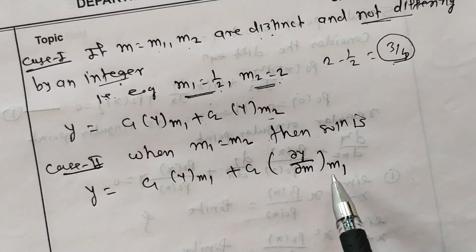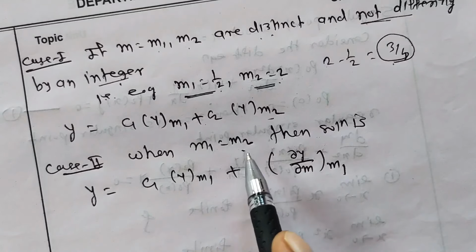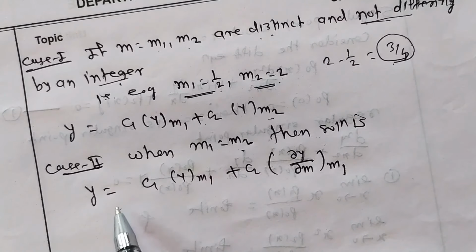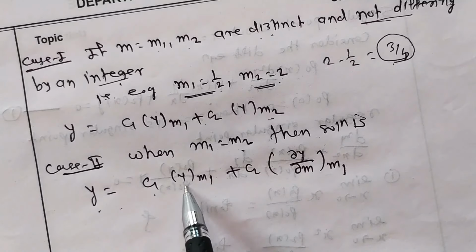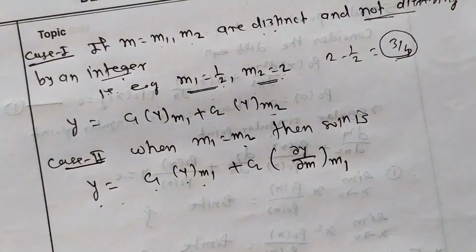Why do we take m1 here? Because m1 equals m2, means if the two roots are the same, then we can take the solution as y equal to c1 into y at m1 plus c2 into ∂y by ∂m at m2.